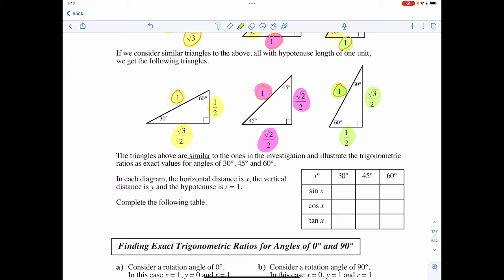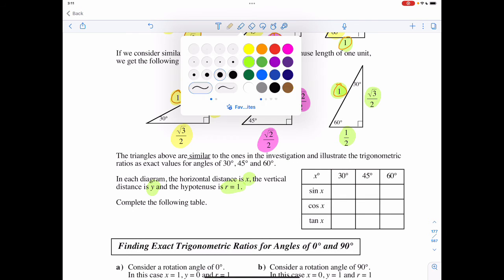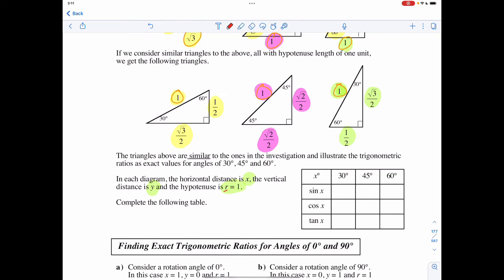The triangles above are similar to the ones in our investigation. In each diagram, the horizontal distance is x, the vertical distance is y, and the hypotenuse is going to have an r equals 1. And this is the really important part: my r value equaling 1.